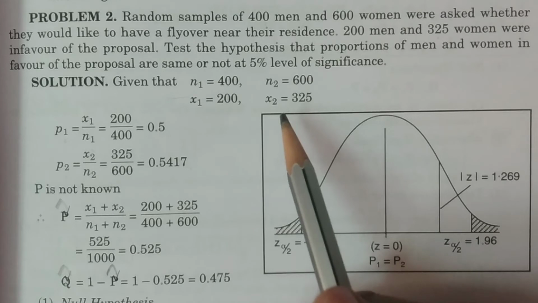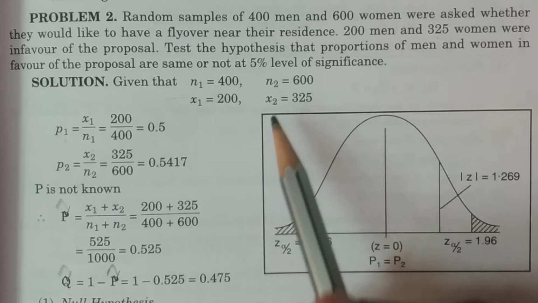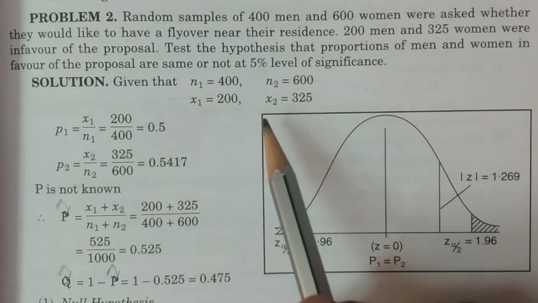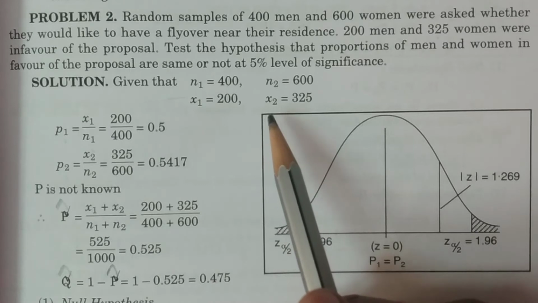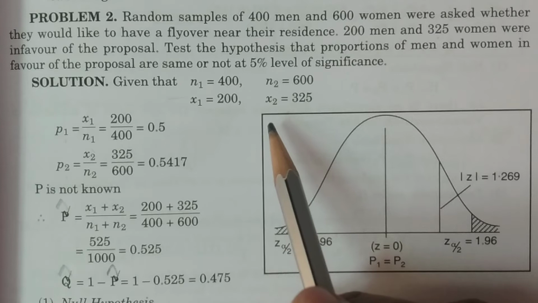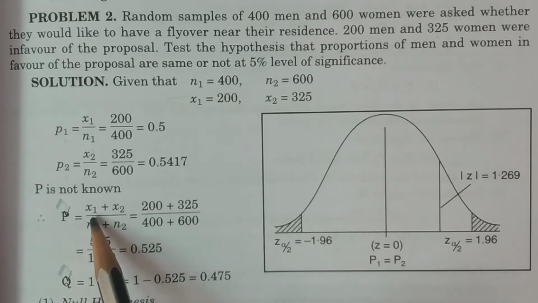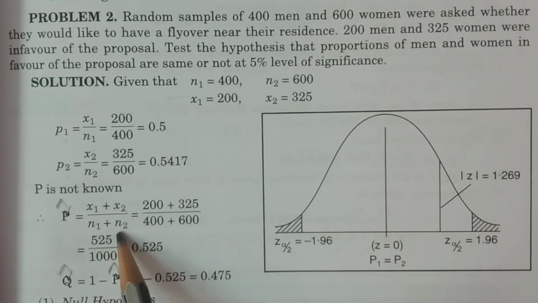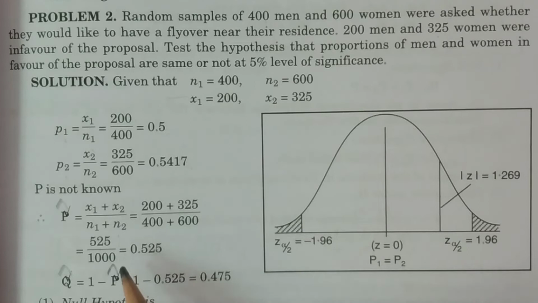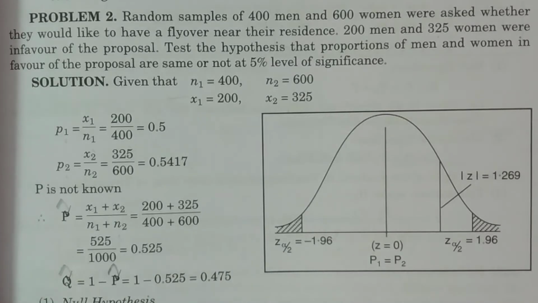This is the case where capital P is not given, not known. Then in such a case, it has to be estimated. What is the formula to estimate? Capital P can be estimated by the formula x1 plus x2 by n1 plus n2, or n1 p1 plus n2 p2 divided by n1 plus n2. Whichever you can use.